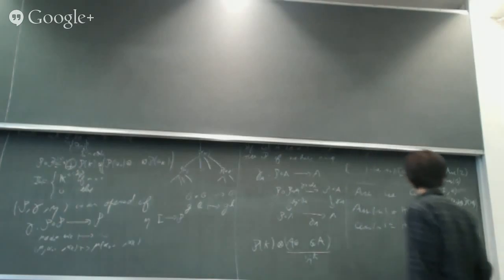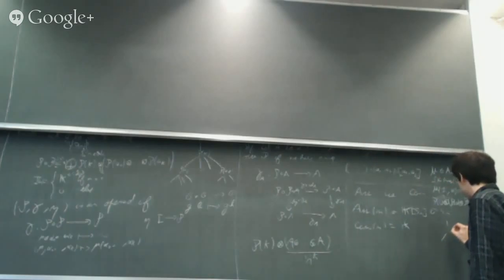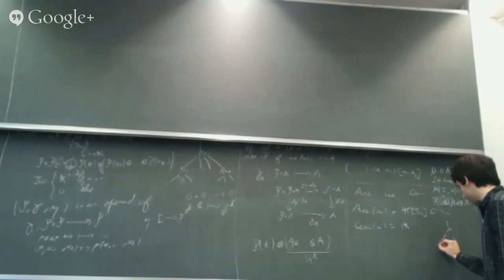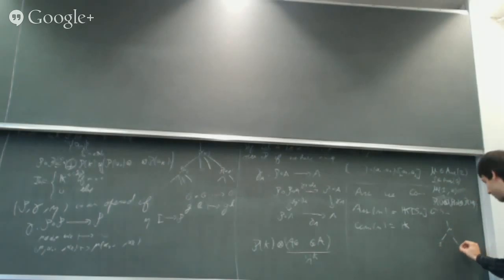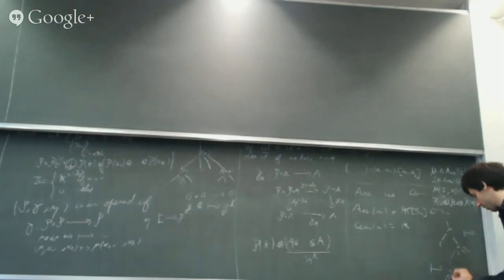So in a tree way, you put here multiplication, you put here one that has absolutely no outcoming edges, and here you would put some operation alpha, which has some amount of outer edges, and I'm just saying that this is sent under the multiplication map to just alpha.